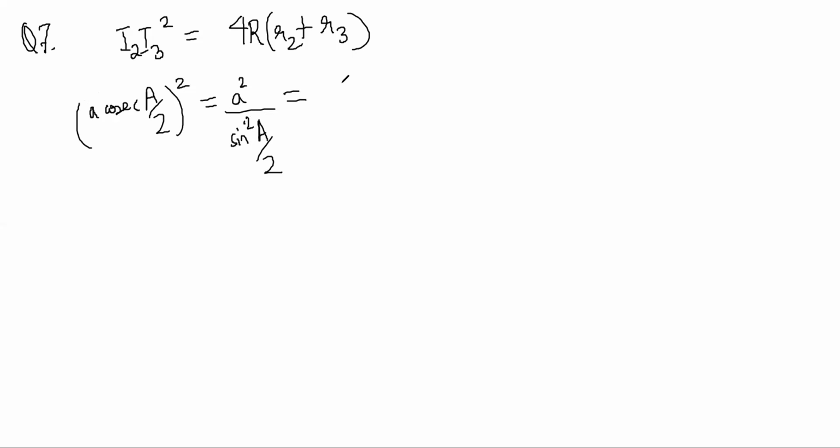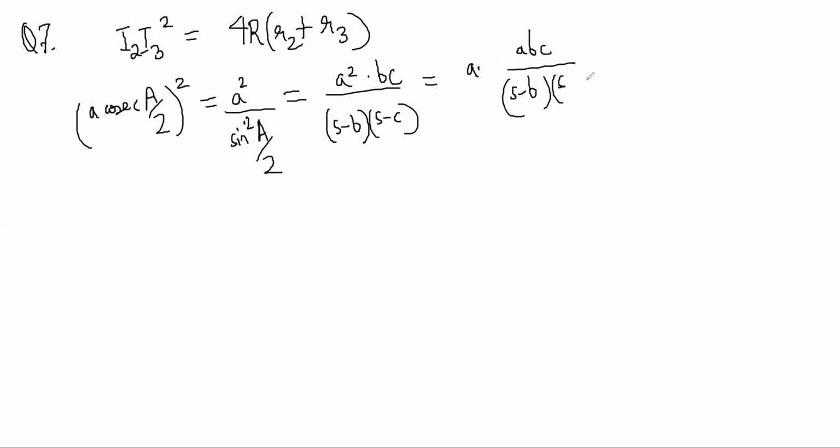Use the half angle formulas of the triangle. This comes from S minus B, S minus C by BC, right? So this becomes A into ABC by S minus B, S minus C.